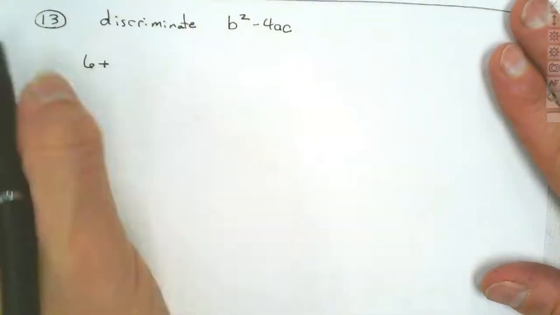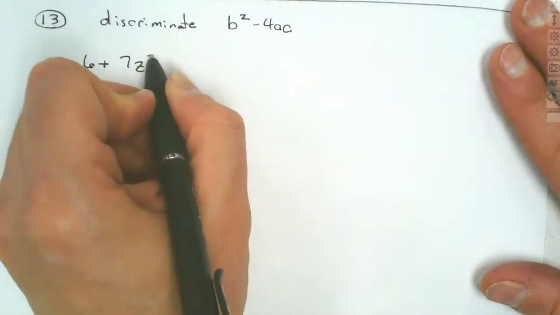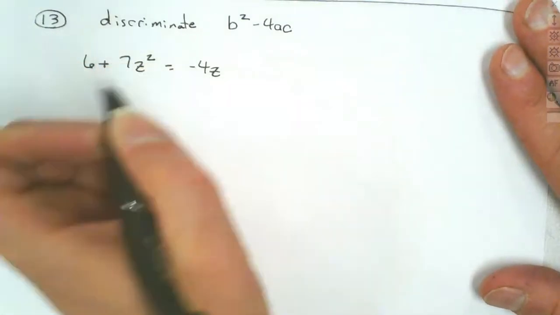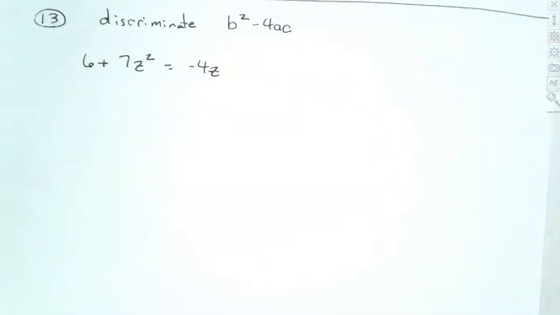Now, on question 13, we have to make sure that it is ready to go into the quadratic formula. So to make sure it's ready to go in the quadratic formula, all of it needs to be moved to the left, such as 0, and we need to make sure that all of our powers are in order.